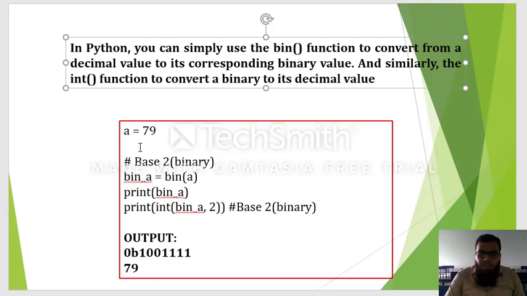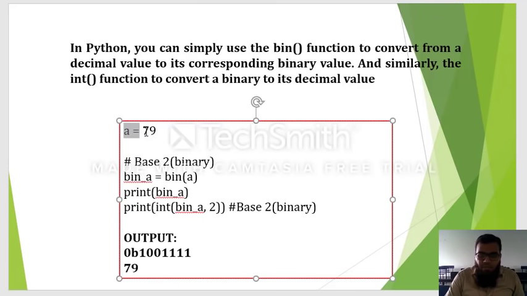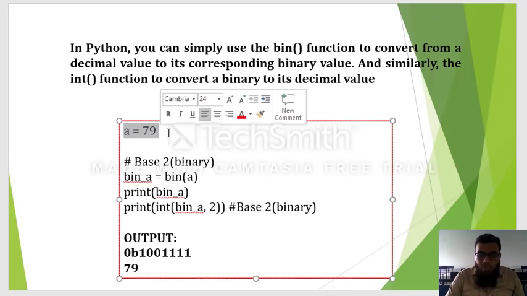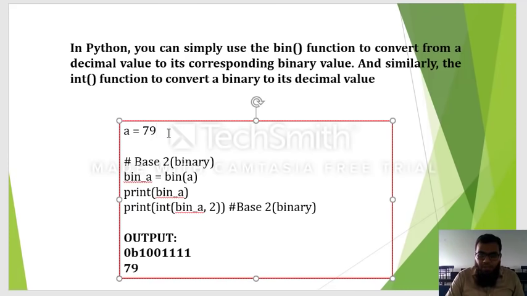As you can see on the screen, we are taking a number a equal to 79, and I have to convert this 79 into the binary number system. Then I take a variable called bin underscore a, because I need to store the result. Then I am calling the function bin, and in brackets I am passing the value a, which I want to convert into binary. What is a? 79. That result will be stored in bin underscore a.